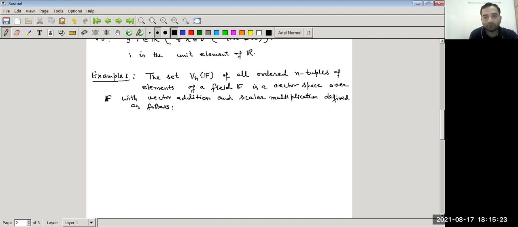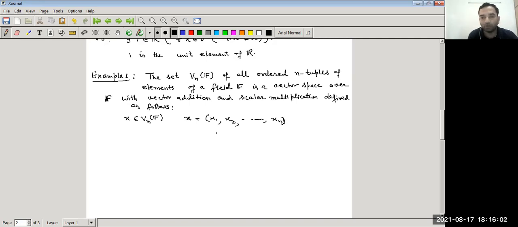The elements of Vn(F) are all ordered n-tuples of elements of field F. So if x belongs to Vn(F), then x is of the type x = (x1, x2, x3, ..., xn). So these are n-tuple elements.